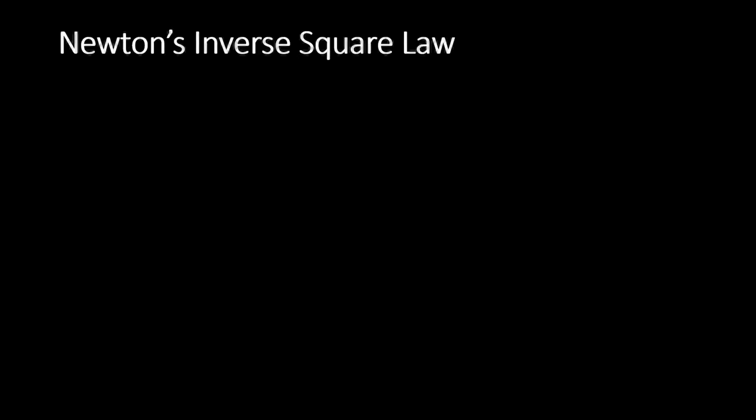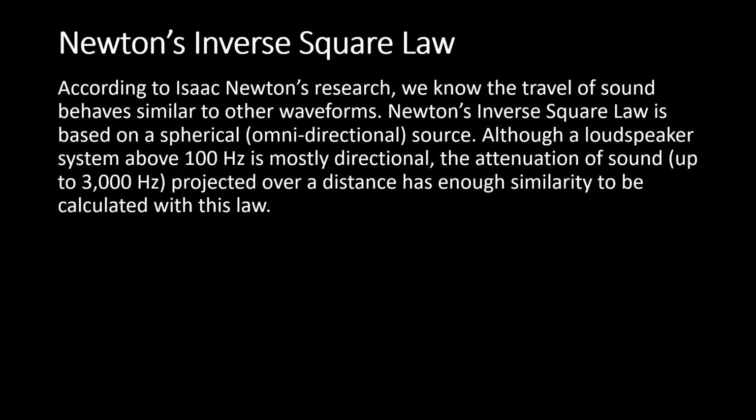Now, to go on and talk more about how sound and the sound intensity changes as we move from a sound source, we have to go back to Isaac Newton's research in what he came up with as the inverse square law. According to his research, we know that sound or travel of sound behaves similar to other waveforms.